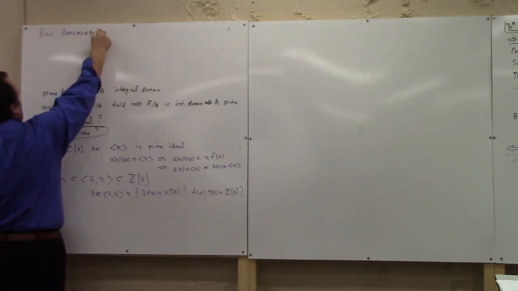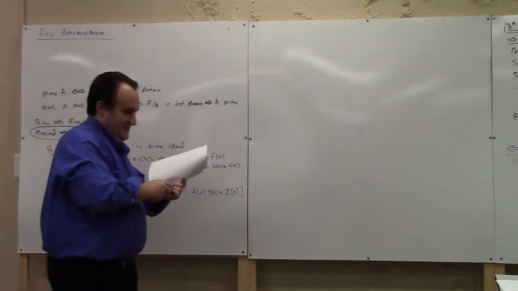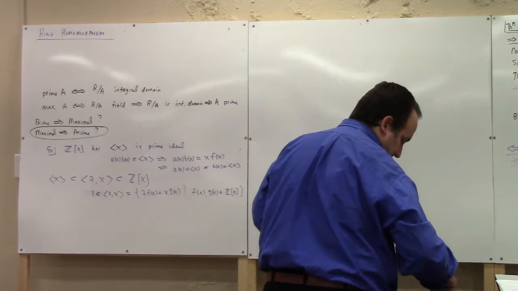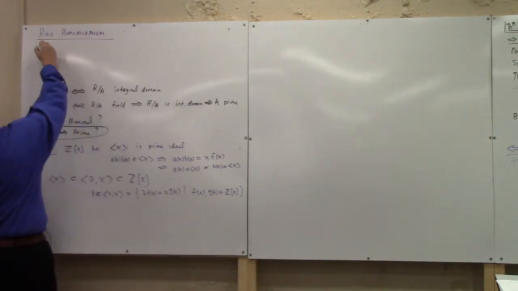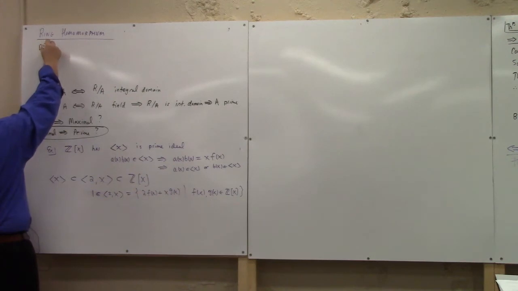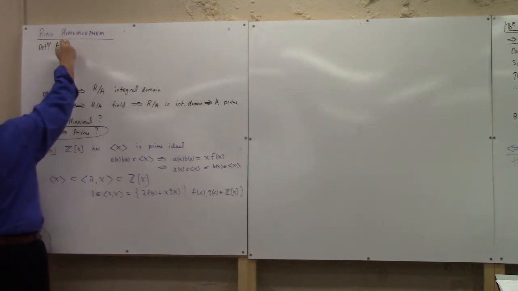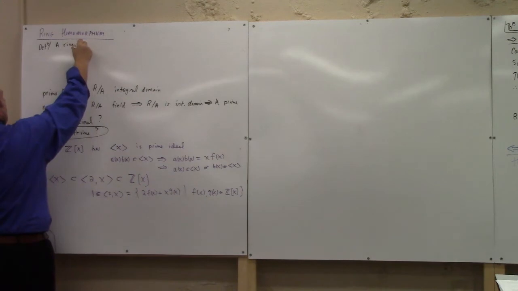A mapping which preserves the axioms between two rings. No, you had it. It's a structure preserving map of rings, right? It preserves the axioms. But yes, we can be more specific too.